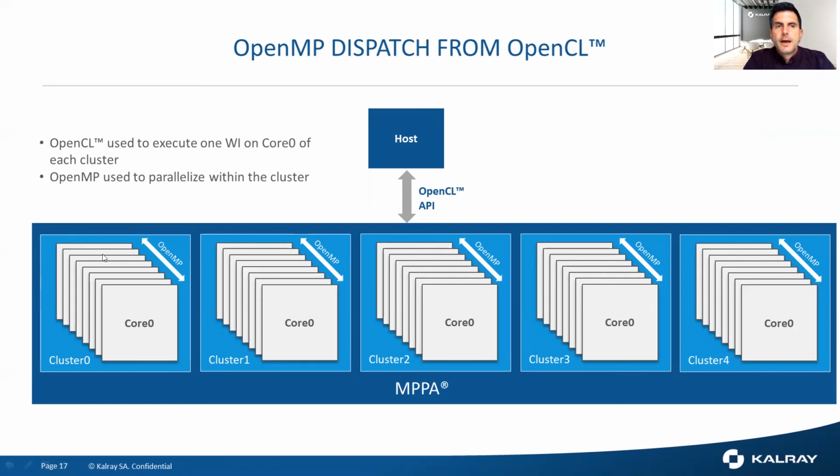So you just use some OpenMP pragmas to parallelize your code within the cluster. This is pretty nice because then we still benefit from a standard API to deploy code on the MPPA. And some people prefer to use OpenMP or are more used to OpenMP. In some cases, it's just for experimentations, but at least it offers some more possibility to the end users.